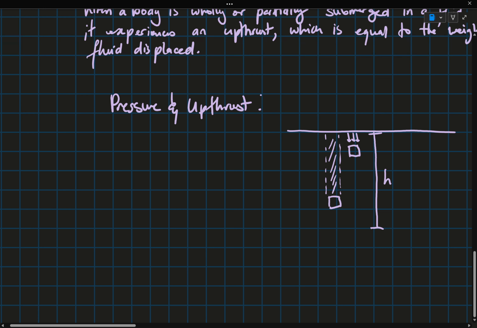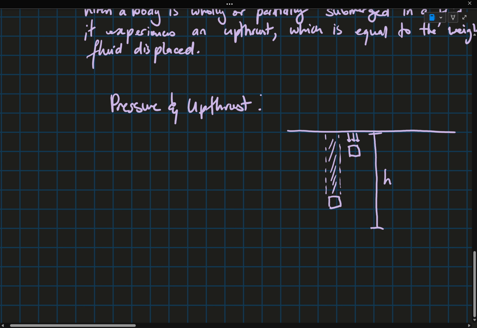What's g? g would be the acceleration due to gravity. And last but not least, h is the depth. So we're looking at that relationship.